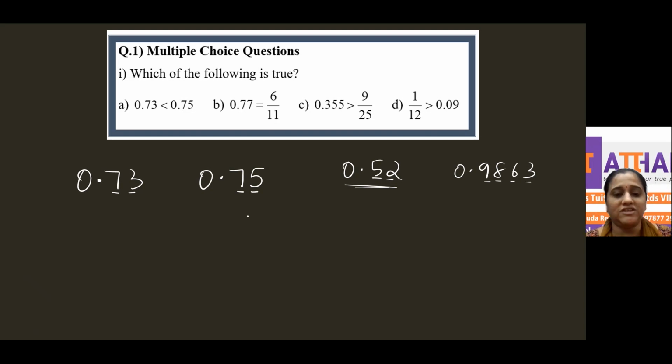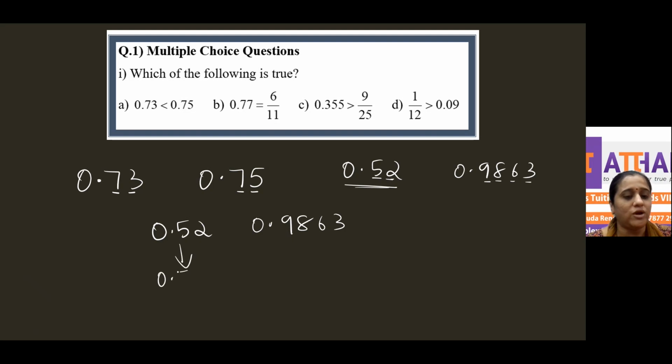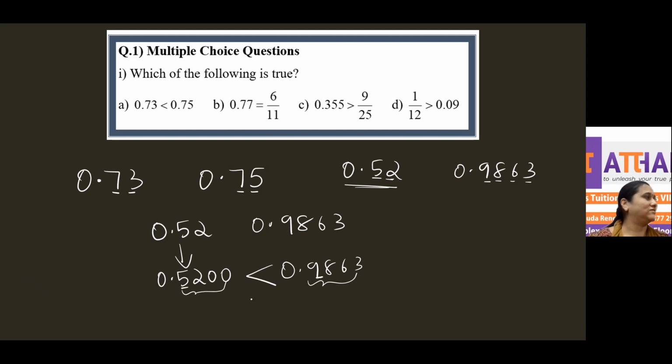So in order to compare 0.52 and 0.9863, you first make them like decimals. You write 0.52 as 0.5200. Now 4 digits after the decimal point, and this one also has 4 digits, correct? Now read this number, 5,200, and this number, 9,863. Or you can just compare the first digit, 5 and 9. So 9 is greater, which means this decimal is greater. You can just compare the first digits.